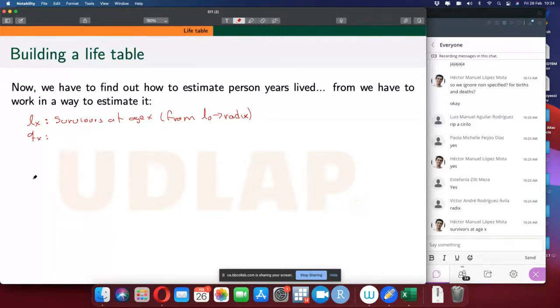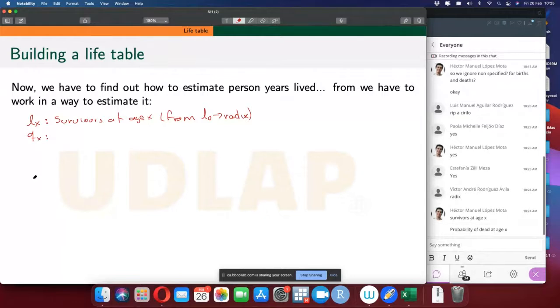What was the Q? Yes, so this is the probability that a person age X dies before age x plus n. I'm going to change this to include this n here. Okay. And if you remember, we could estimate this by taking the deaths that we have from the table and the survivors.